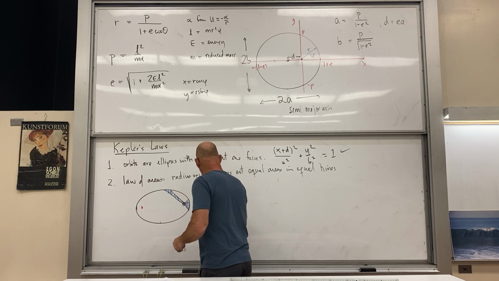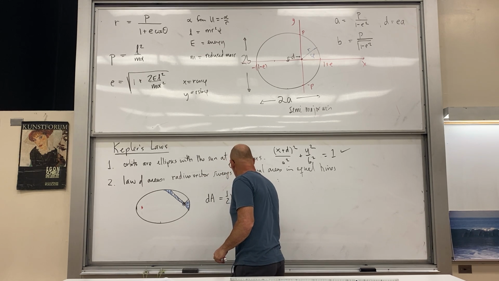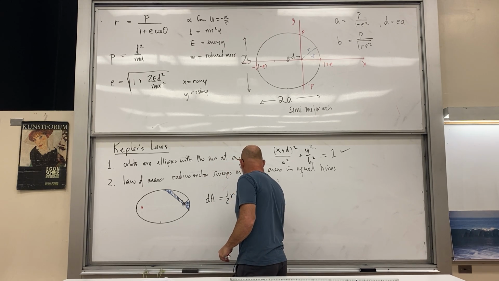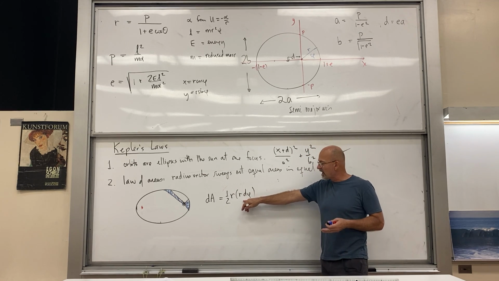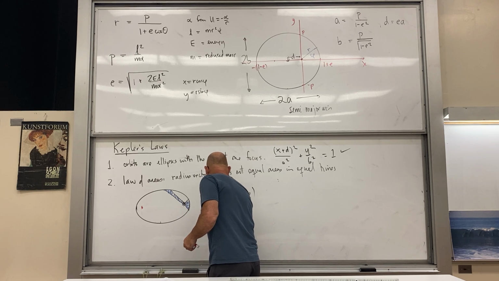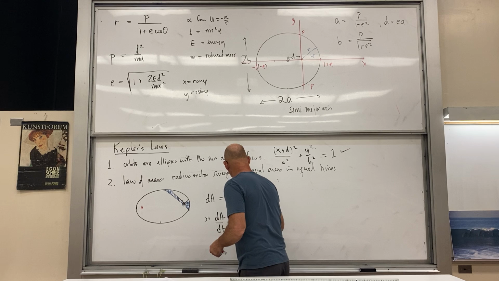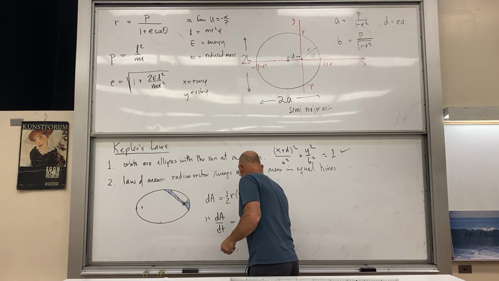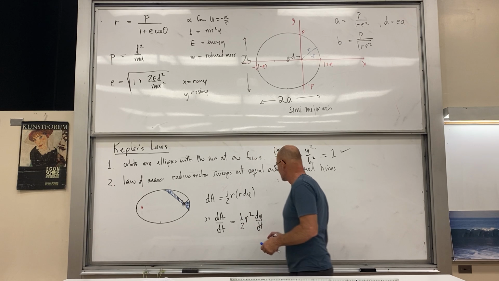For either of these, we have dA equals 1/2 r times r dφ. That's the construction, half base times height of a little triangle. So dA/dt is equal to 1/2 r squared dφ/dt.